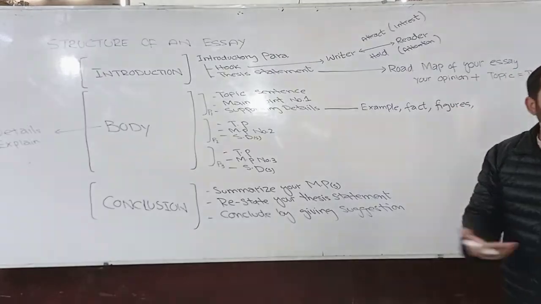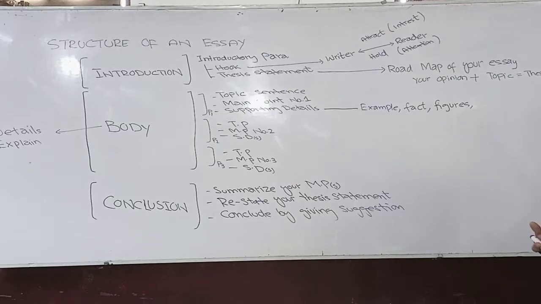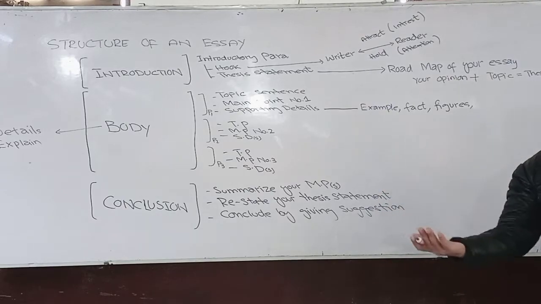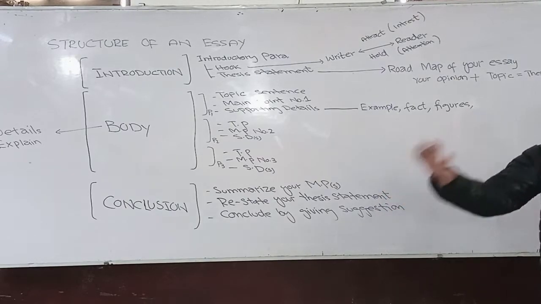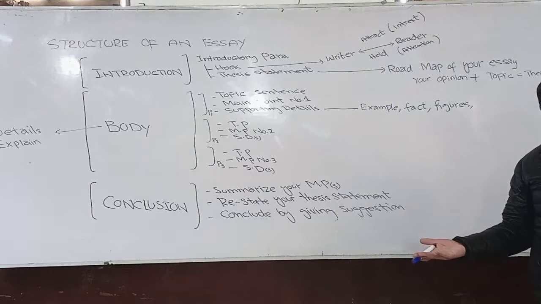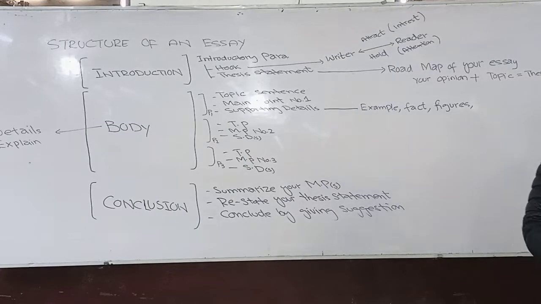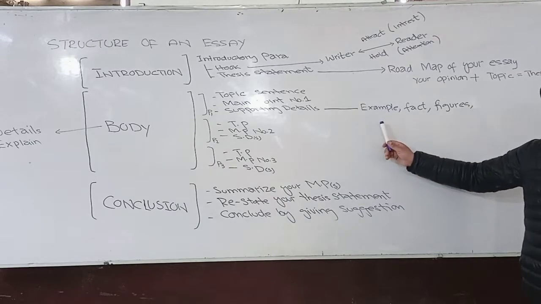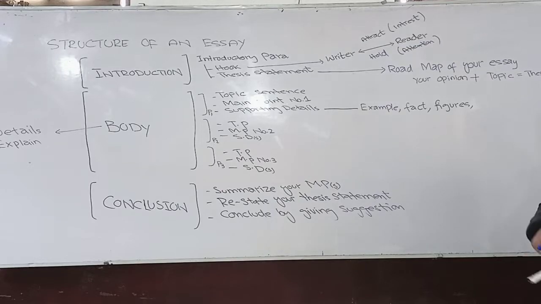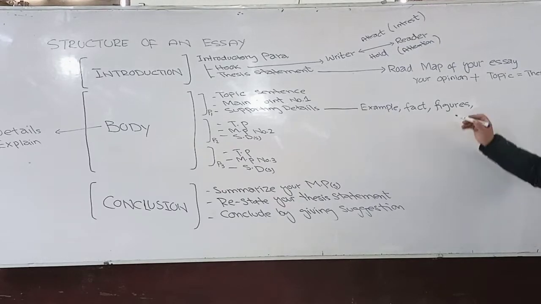It could be an illustration, it could be references: you refer to research, you refer to studies. It could be the opinion of people as well. So anything you feel is going to back up your point is a supporting detail. So mostly in writing, what do we do? We make use of examples, we make use of facts and figures. Now figure means that it is in the form of a number.